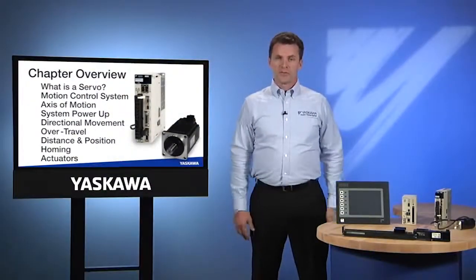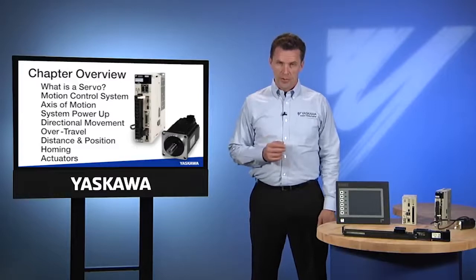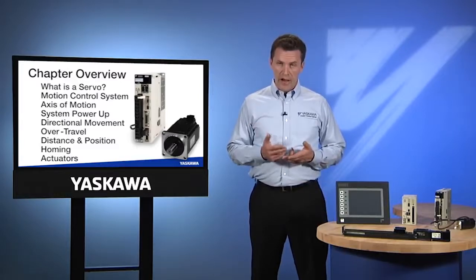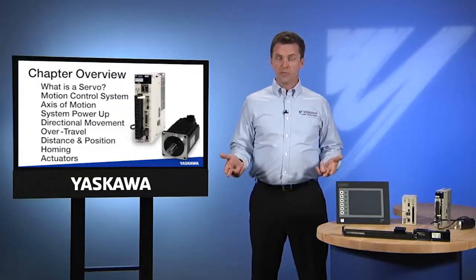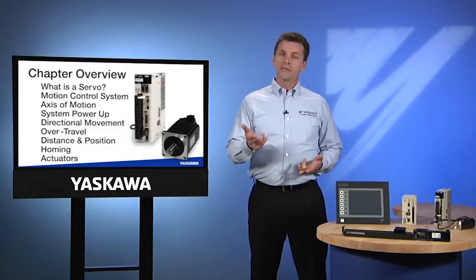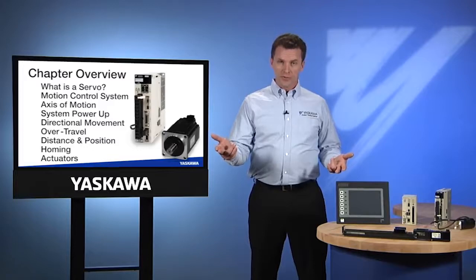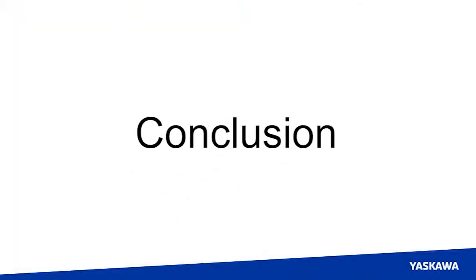These machine characteristics are very important when you are programming because they influence how and if homing is performed, how relative and absolute moves are implemented, and whether or not over-travel inputs are used.